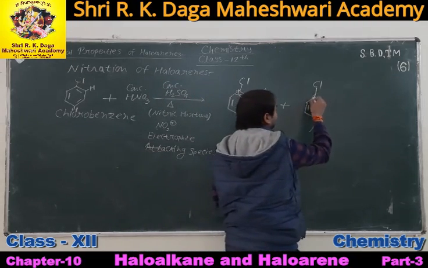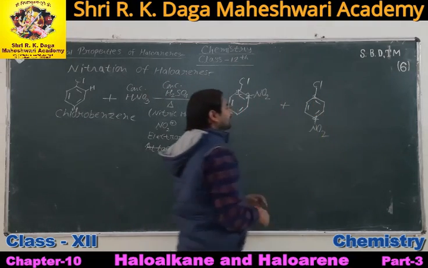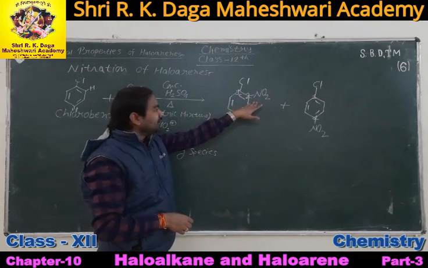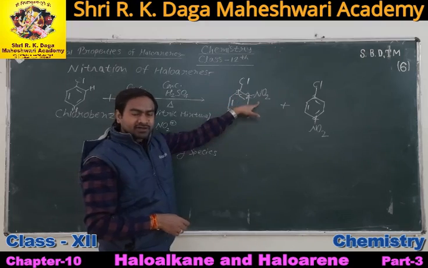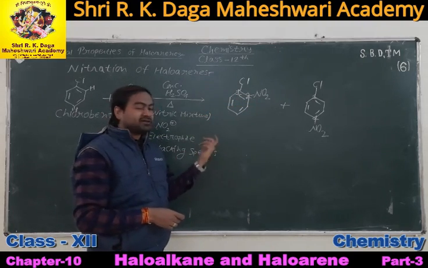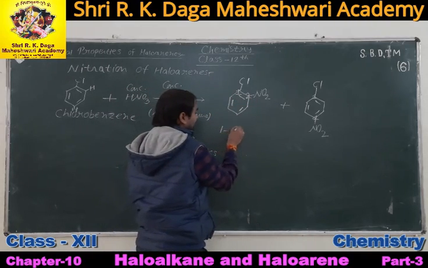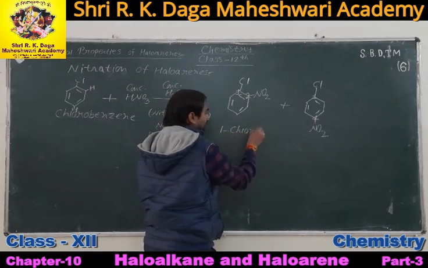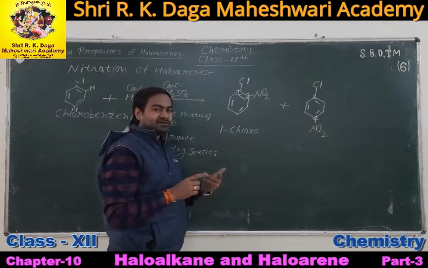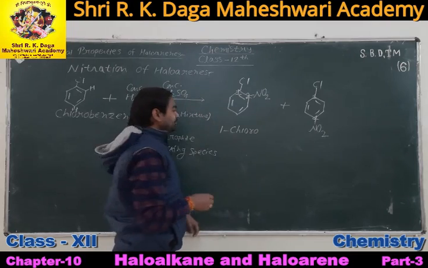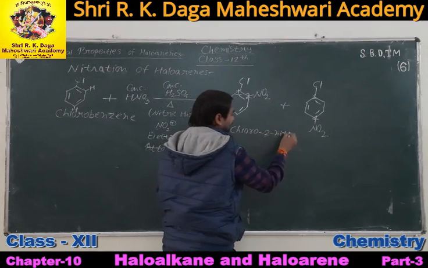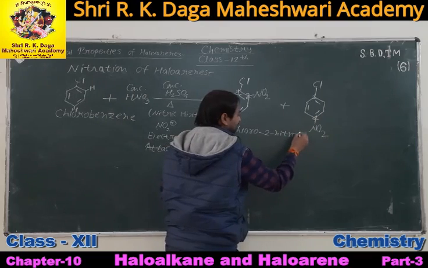So we may take the 1 and 4. What will it be? It will be 1-chloro-2-nitrobenzene. Yes, we can also write the name of this compound in this manner. 1-chloro, because the C of chlorine comes first with respect to the N of nitro. Then 2-nitro and in the last benzene.